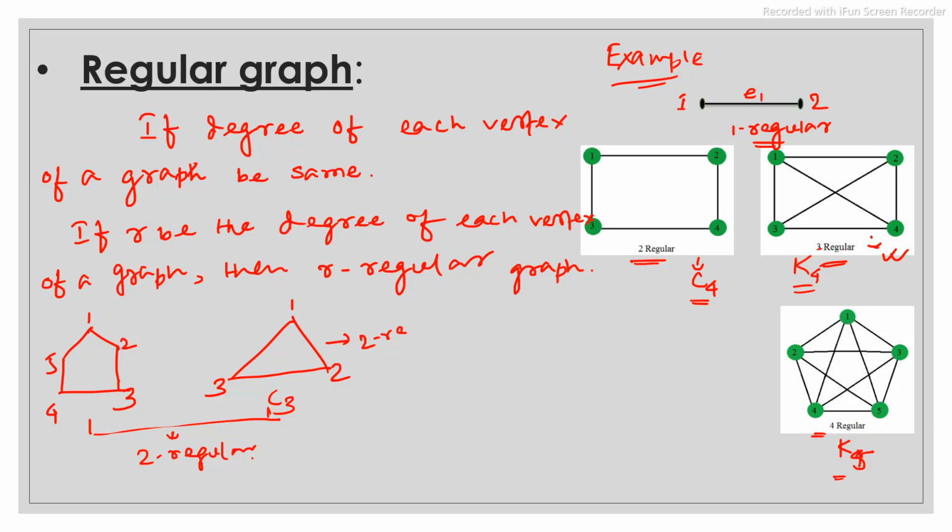The maximum number of possible edges are there in a complete graph, that's why it's called complete. So every complete graph is a regular graph.